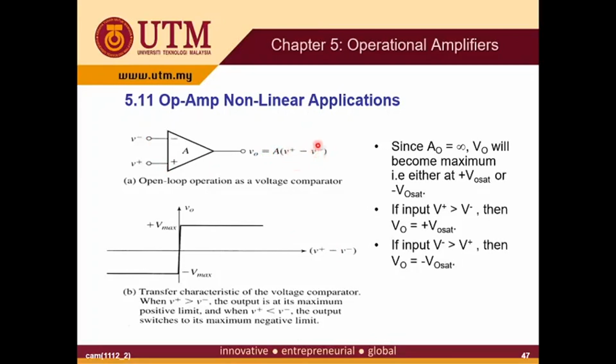So V plus minus V minus is the input of the op-amp, and A is the gain.